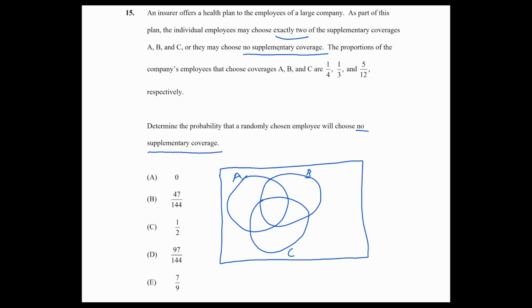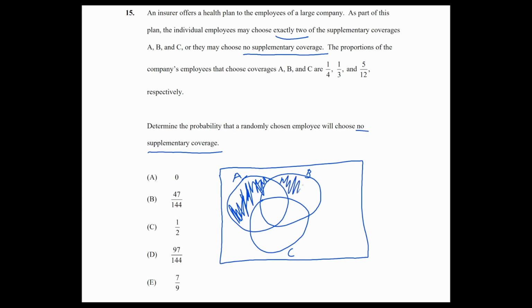Now, we know that if an employee were going to choose a coverage, they could only choose exactly two. And if they were not going to choose anything, they would have nothing. But let's worry about the exactly two. So that means this part of the Venn diagram does not matter.